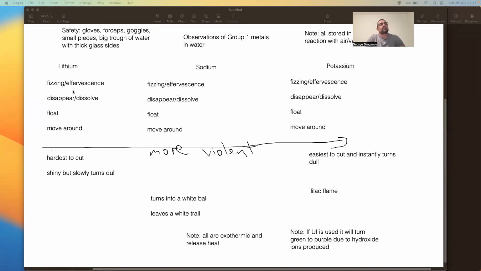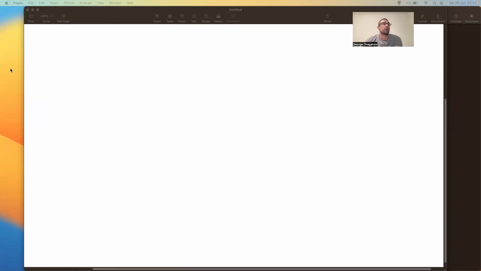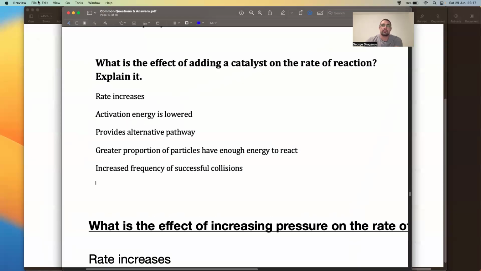I like to say fizz, float, move, dissolve. That's what they all do. So these are easy marks that you can just generate in an example. It's all written in my answers, so my common questions and answer sheet. If I load that up, it will have a section on this.